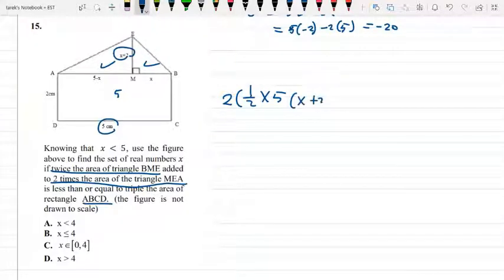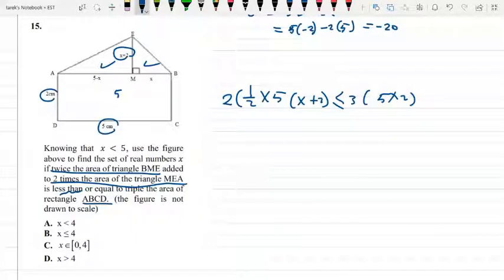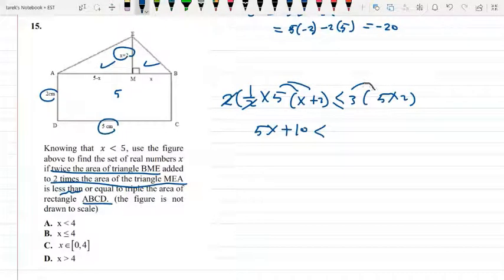That all is less than or equal to 3 times the area of the rectangle, triple. The area of the rectangle is 5 times 2. This is 5 times 2. Okay, this half will cancel the 2 and distribute the 5. It will be 5x plus 10 less than or equal to 5 times 2 times 3, it will be 30.